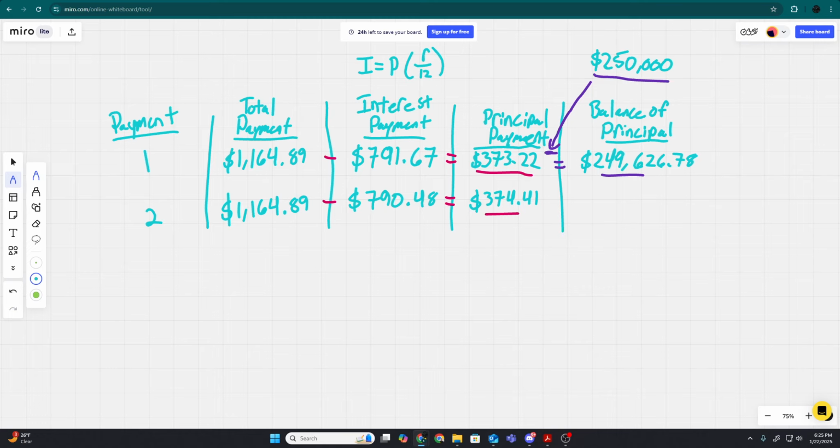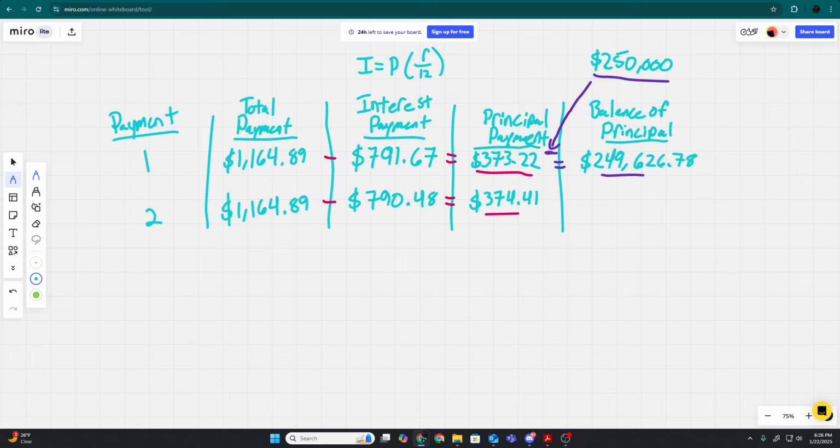Now, this amount is going to be changing our previous balance, right? So, before we make the payment, this was our balance, this $249,000 and some change. We're going to take that number minus our principal payment. It's going to give us another new balance. Okay? So if I take the previous balance of $249,626.78 and I minus off our principal of $374.41.